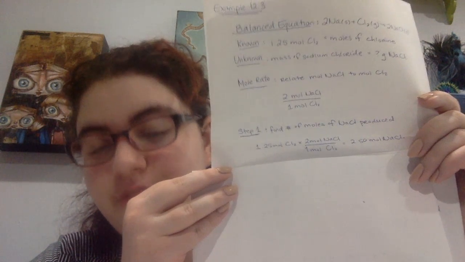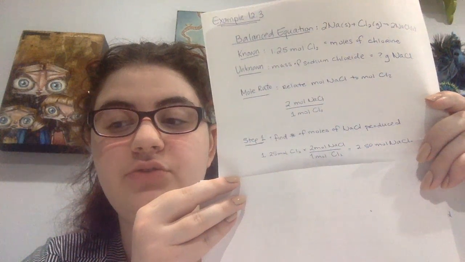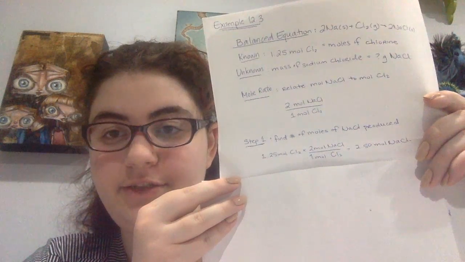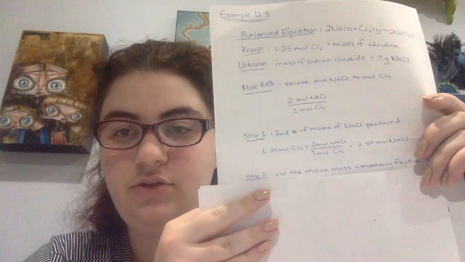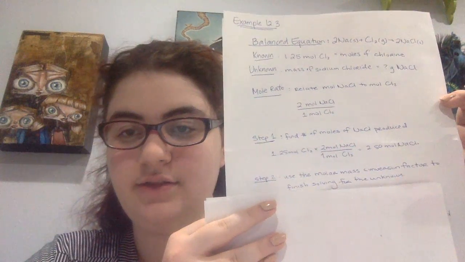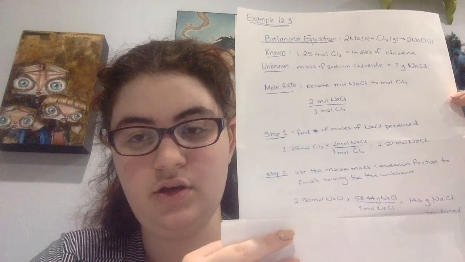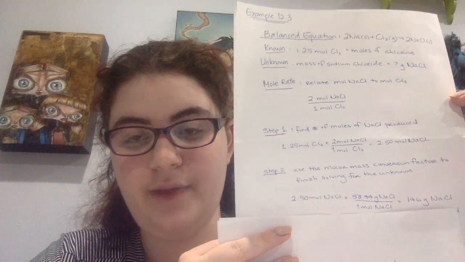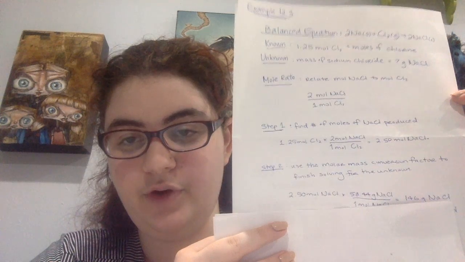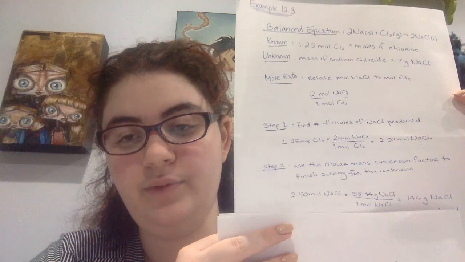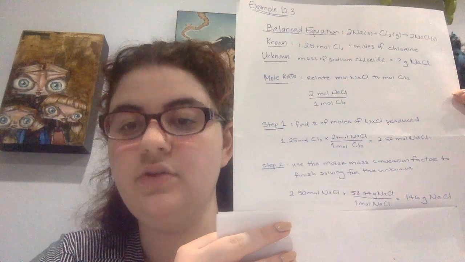Does anyone know what to do next? Yes. Okay, so we are going to use which conversion factor? Yes, we're going to convert using molar mass. So we're going to use it to solve for the unknown. So we're going to take the molar mass of sodium chloride, which is 54.44, over 1 mole of sodium chloride, and we're going to multiply it by 2.5 moles.